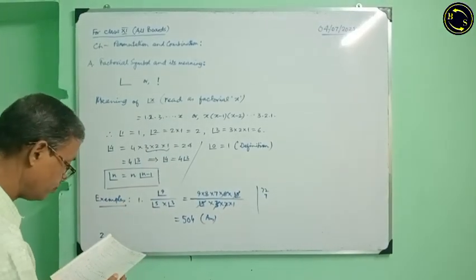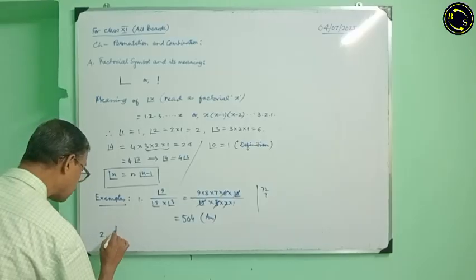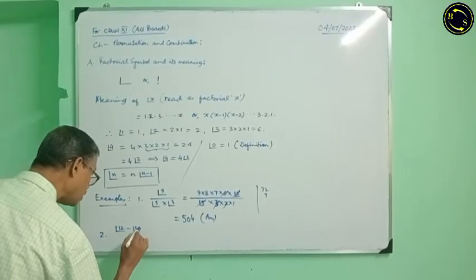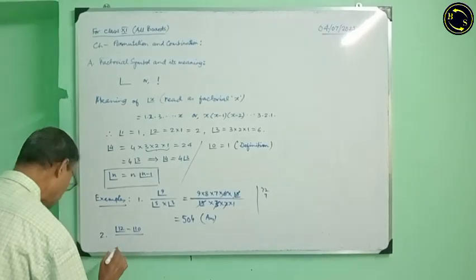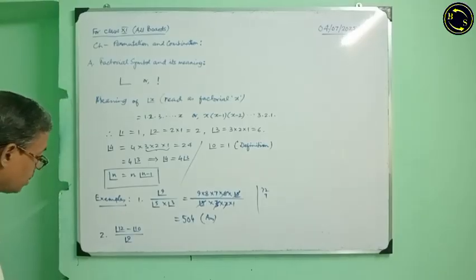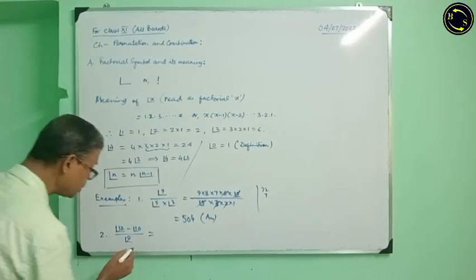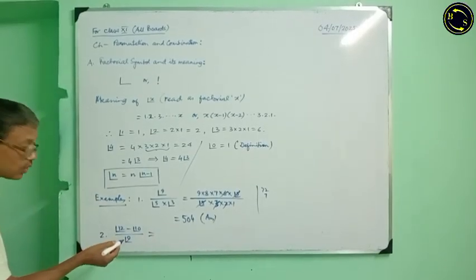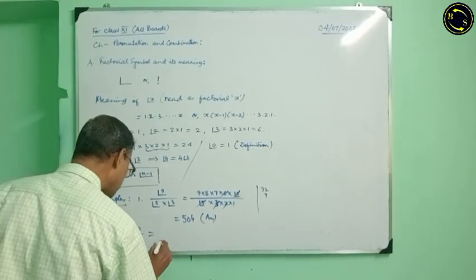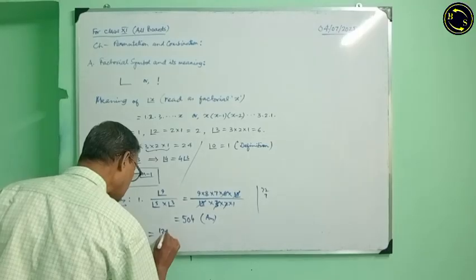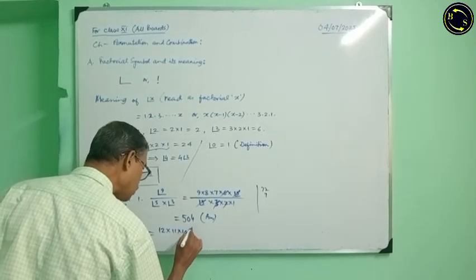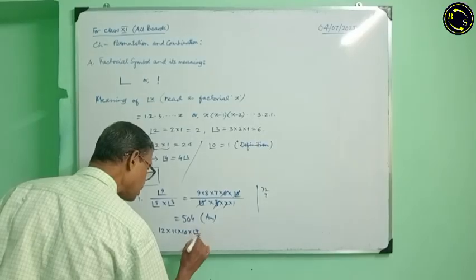Now I take the next one, factorial 12 minus factorial 10 divided by factorial 9. Now we see at the denominator factorial 9, therefore I write factorial 12 like this, 12 into 11 into 10 into factorial 9.